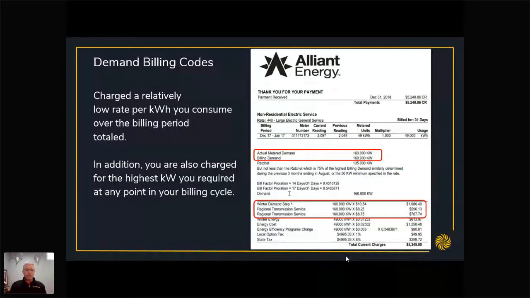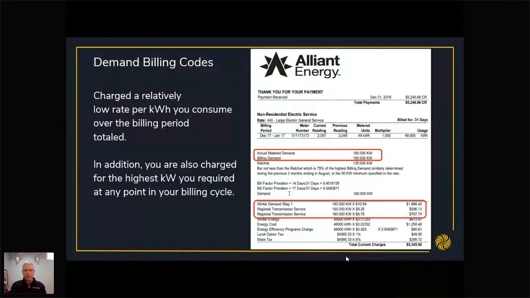But again, for the purposes of this explanation, we can look at them in the same way, where you're billed by the kilowatt hour, just like any other rate code, but you're also billed based on the total number of kilowatts you use at any given point, the highest number. So under demand billing, you're actually charged a relatively low rate per kilowatt hour consumed, and you're charged a relatively high rate based on the highest number of kilowatts you use in that month.